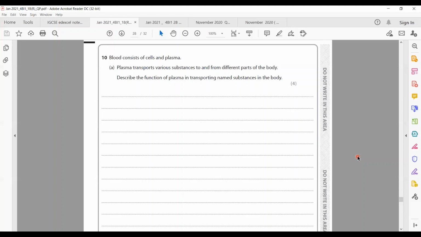Plasma acts like a transporting medium for various substances, like nutrients. لا mention the nutrients بقى عشان بيقول لك named substances. بلاش nutrients بس. اديني كده examples بقى. Vitamins and minerals. طب what's more important than the vitamins and minerals? Oxygen.